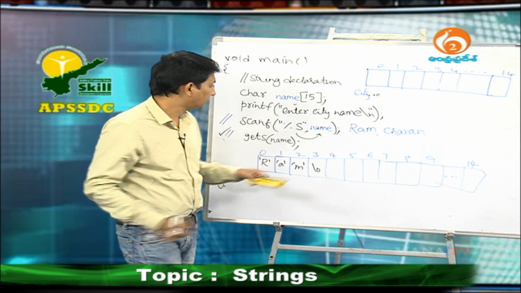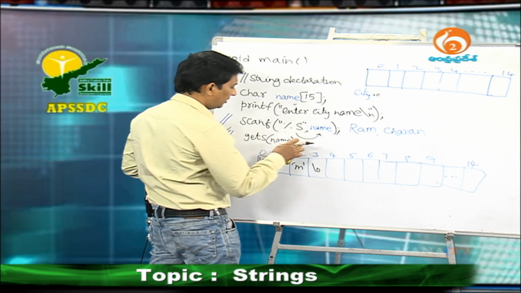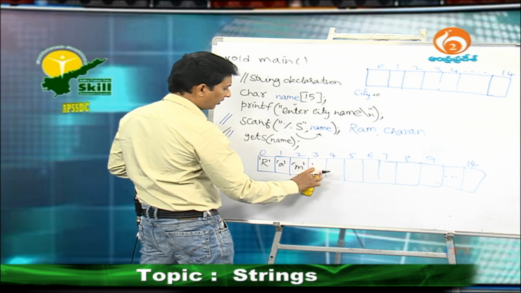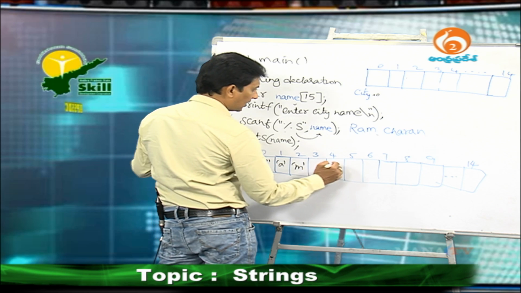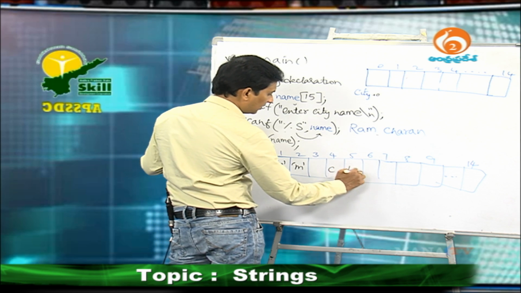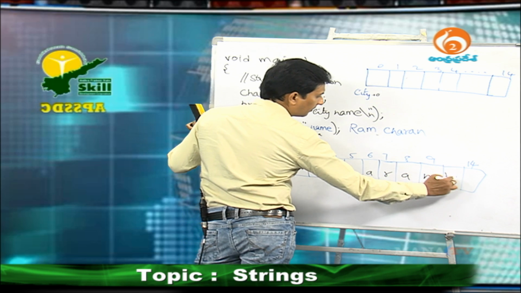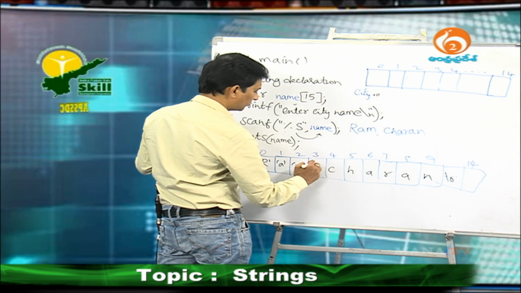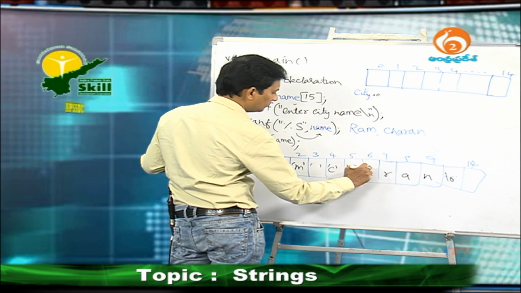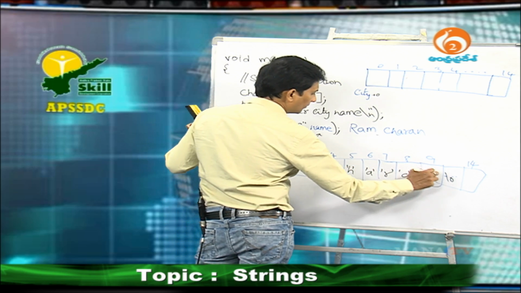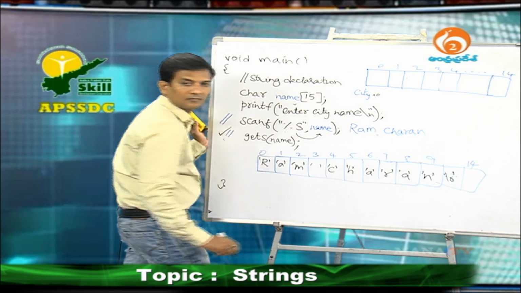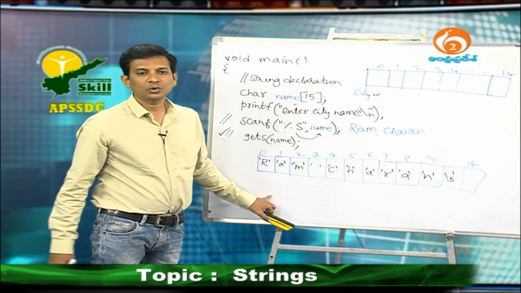If you use the gets function, we will store it like this: RAM Charan \0. It will be stored in this manner.